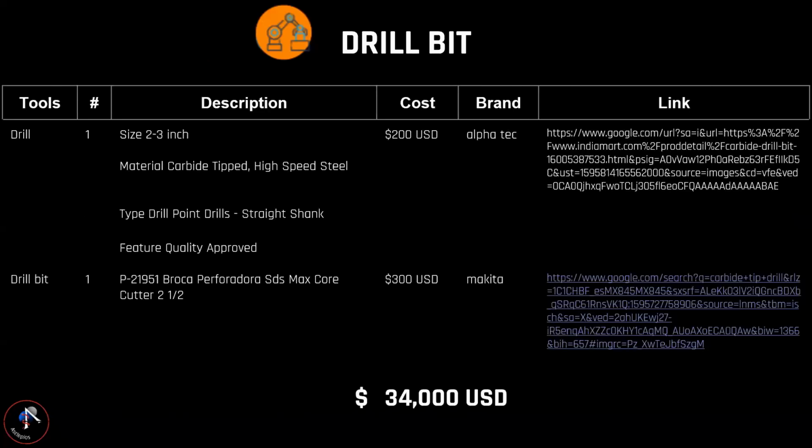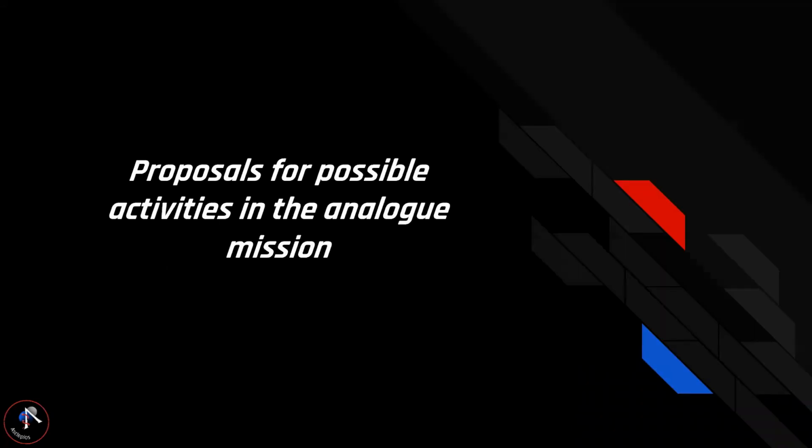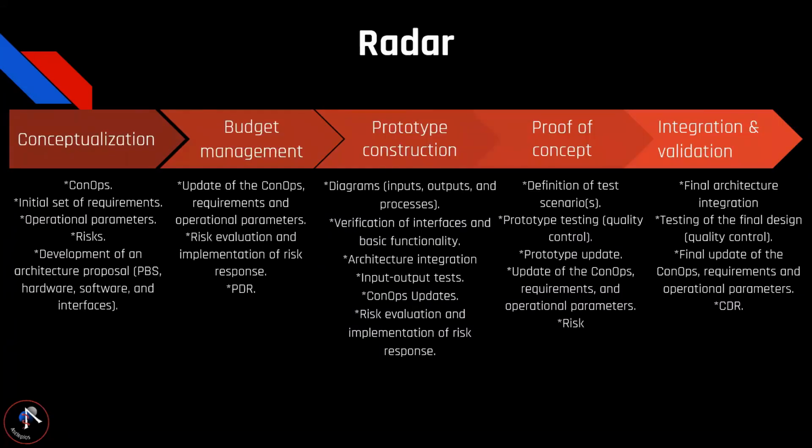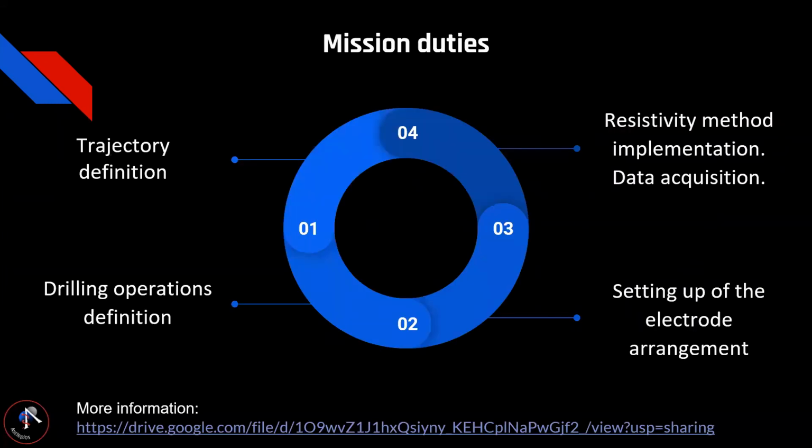Next one. So your total budget is $34,000 US, or is this an error? It's just for this area. We divide all the project in modules. So it's the full price, but they are suggested materials.